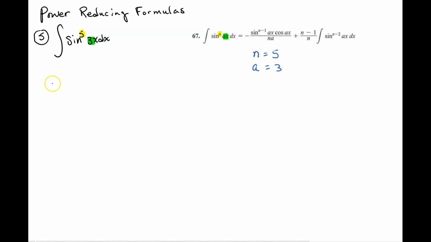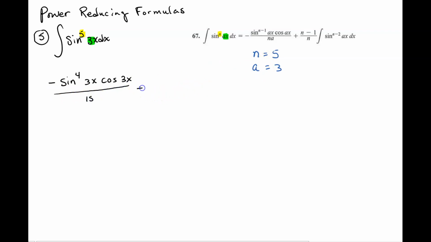So let's see what I have. I'm going to have a negative sine to the n minus 1, so 5 minus 1 becomes a 4, of ax, so 3x, and then cosine of ax, which is 3x again, divided by n times a, which is 5 times 3, which is 15.